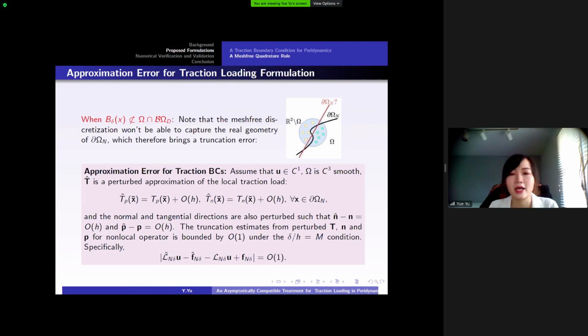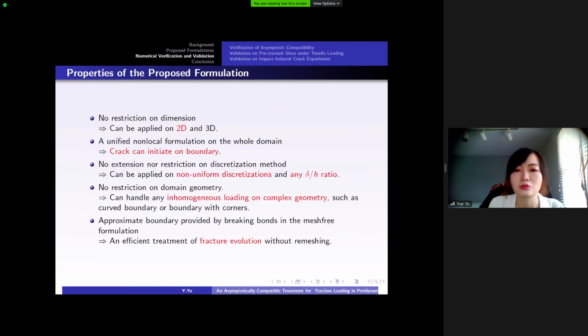That's why I said that the truncation estimate from our traction loading formulation is already optimal, because that is the best we can get by this bond-breaking way to represent the real geometry. And also, as we discussed before, we are going to verify that we still have the asymptotic compatibility of order O(delta) in the L2 norm.